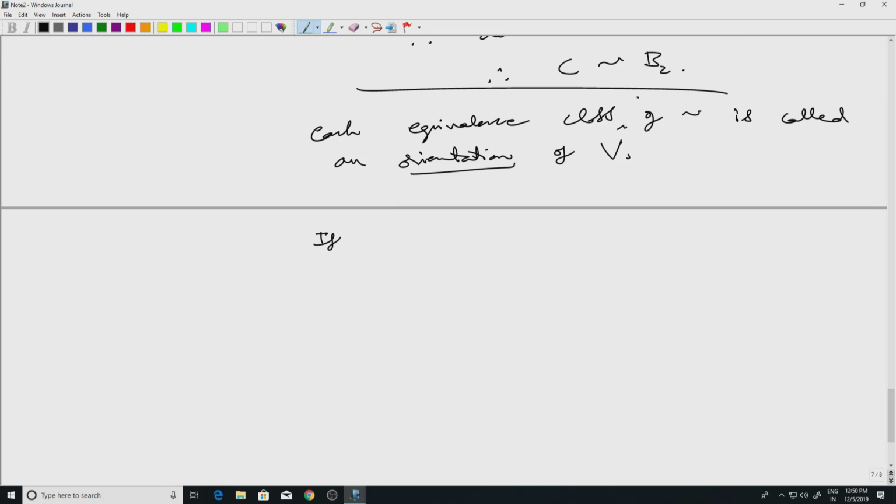So let's use the script O to denote an equivalence class.